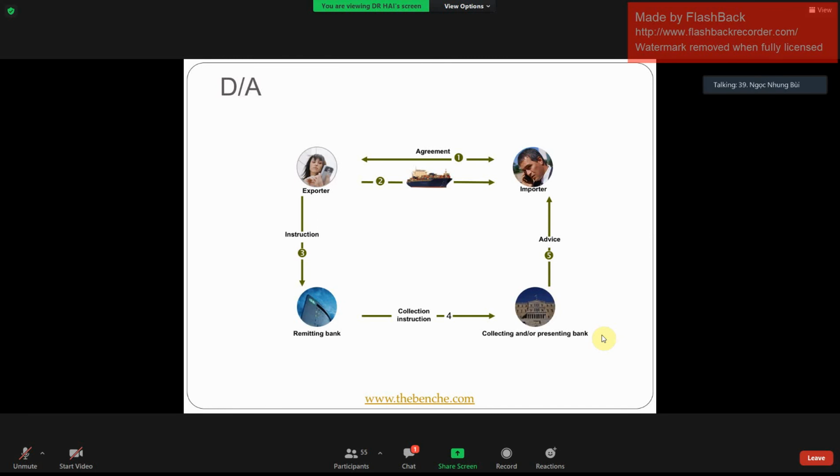But I also think that when the exporter and importer sign the contract, and the contract has a term that if the importer cancels the contract, they will pay money that is the insurance for the exporter.